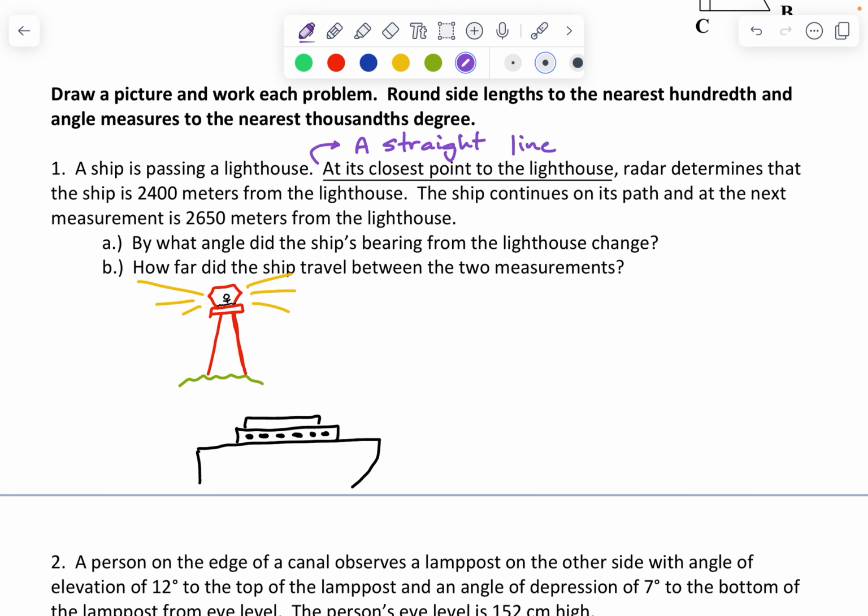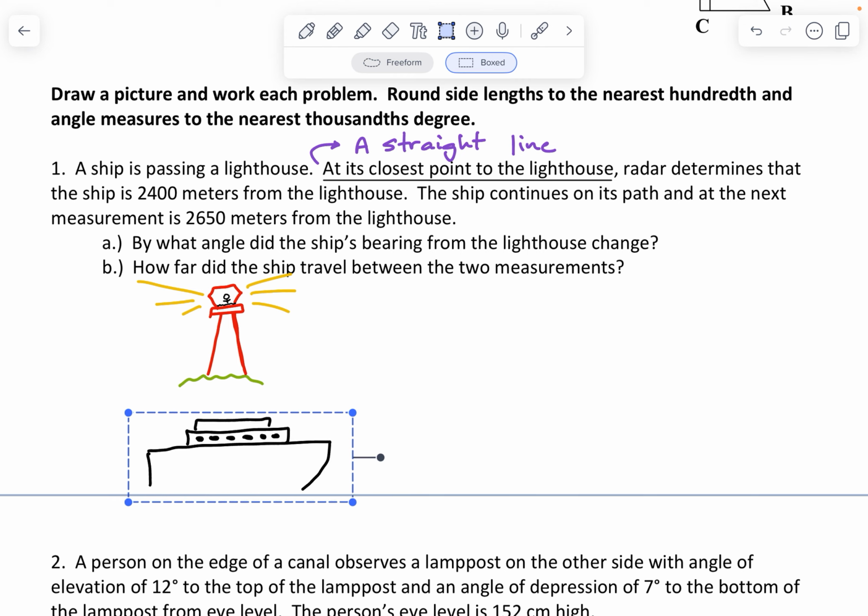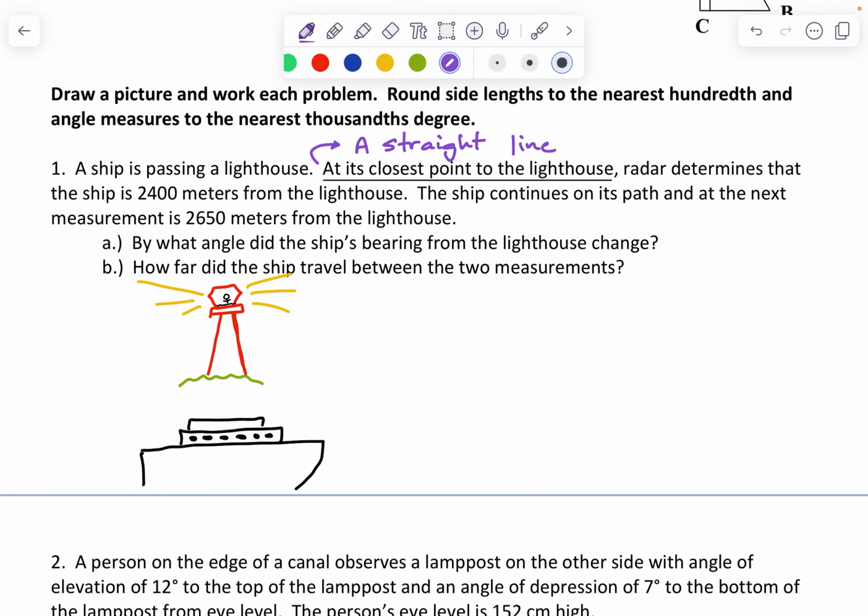So when you are looking at this boat, I know I can move mine around and drag it around, but when you're drawing your picture, the first point will be when the boat is at a straight line distance from the lighthouse. So that's 2,400 meters.